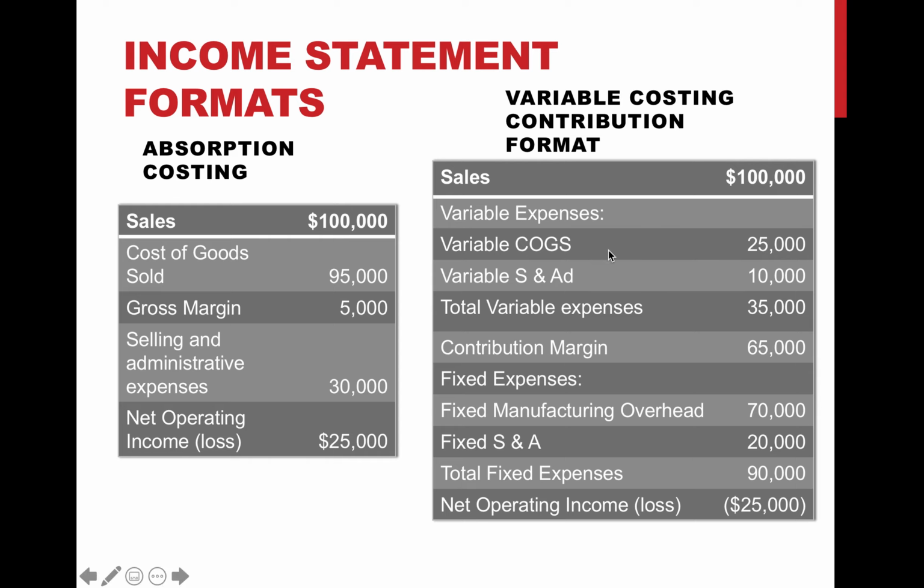Under variable costing, you only include direct material, direct labor, and variable manufacturing overhead. For the same amount of units sold, under variable costing the cost of goods sold is always going to be lower. We have some adjustments, but up to now, keep that idea in your mind.